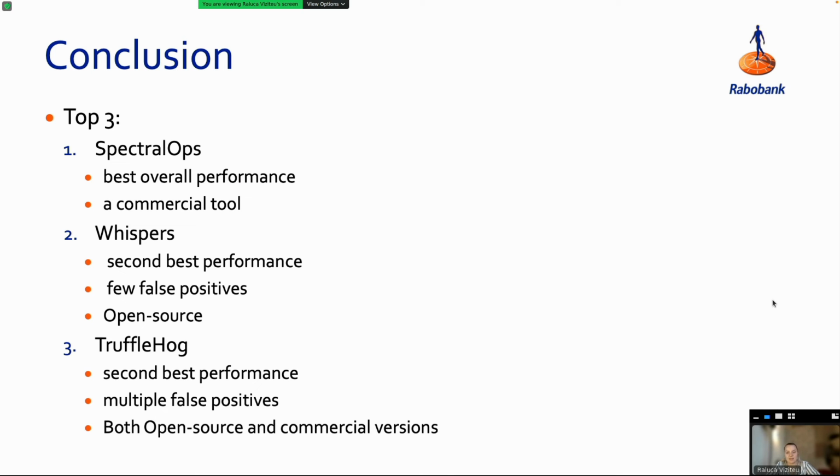Trufflehog and Whispers had similar performances, but Trufflehog gave more false positives than Whispers. Trufflehog gave 16 false positives, whereas Whispers gave only 1. My second recommendation would be Whispers, which is an open source tool. And my third recommendation is Trufflehog, which has both an open source version and a commercial one. I tested the open source one.